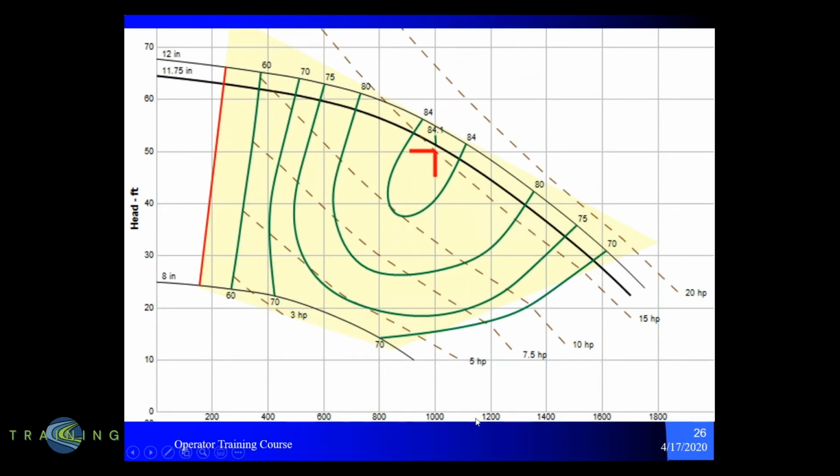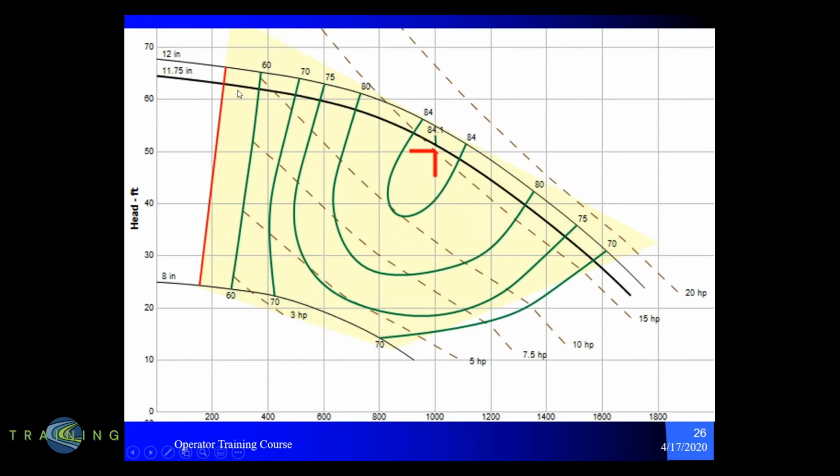On the bottom of the curve, you'll see the flow in gallons per minute, 200 gallons a minute, 400 gallons a minute, 1,200 gallons a minute, and then head in feet on the vertical axis. As we look at this curve, it's going to operate between the red line and where the curve ends, which means it's going to operate between around 220 gallons a minute and all the way out to somewhere around 1,800 gallons a minute.